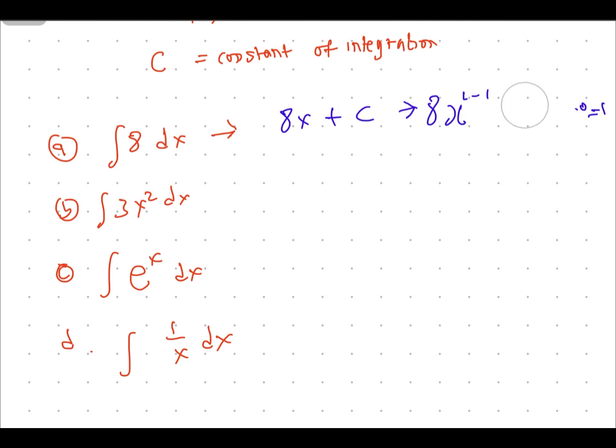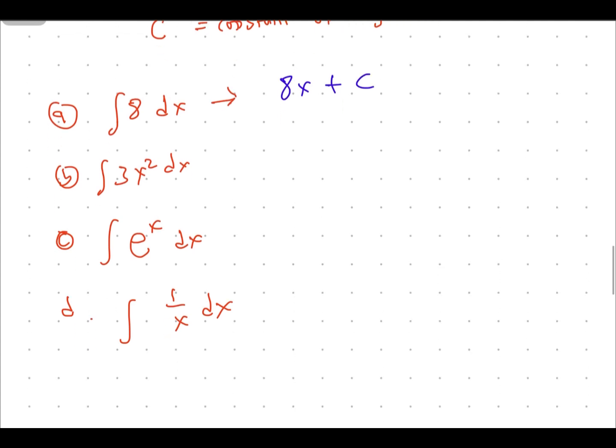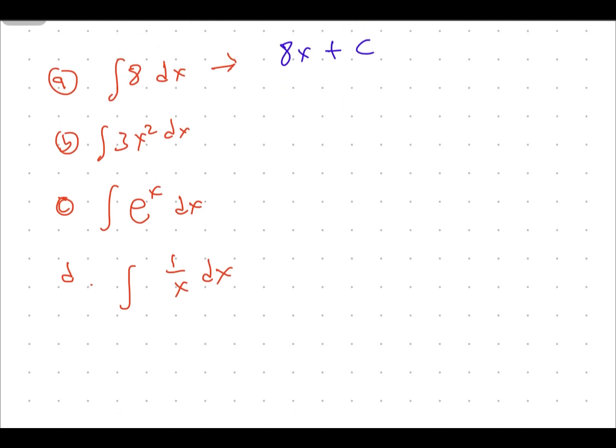So basically, that's how it is. Integration of a constant is the constant multiplied by x, or that particular variable that we are integrating with respect to. And I will show you the reason why when we get to the power rule. So let's take our second question.